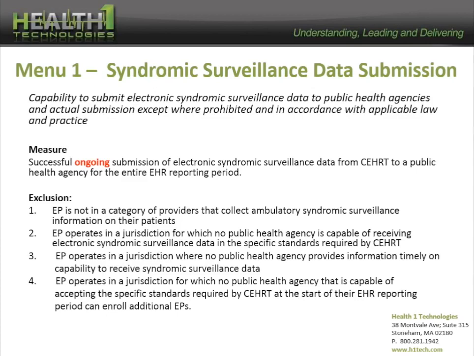Also, if the EP operates in a jurisdiction where a public health agency isn't capable of receiving that information in a timely manner, or if the EP operates in a jurisdiction where no public health agency is capable of accepting that data.